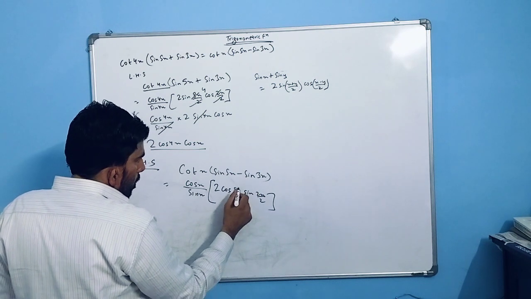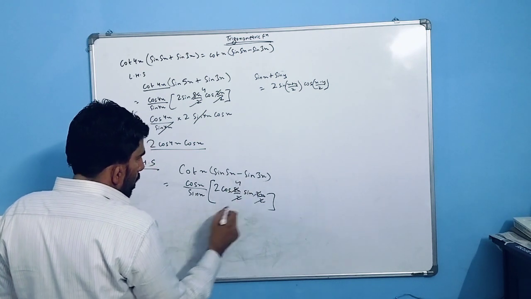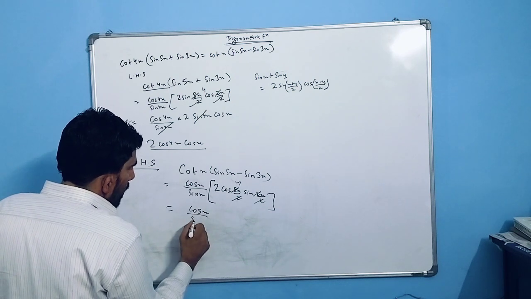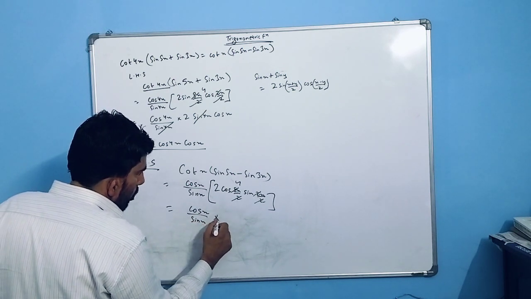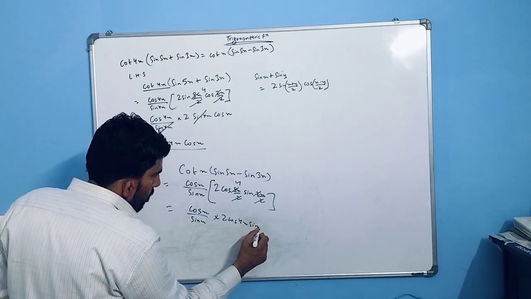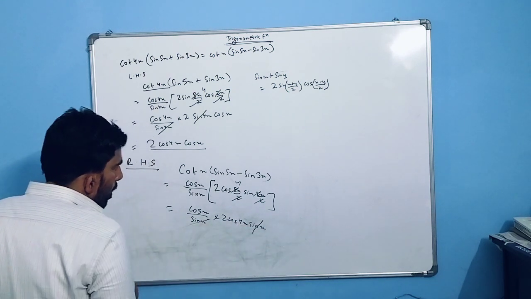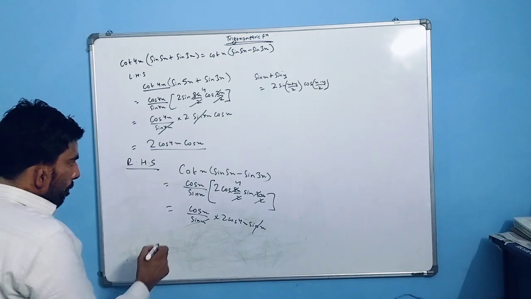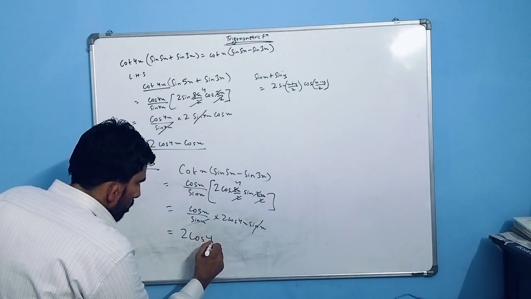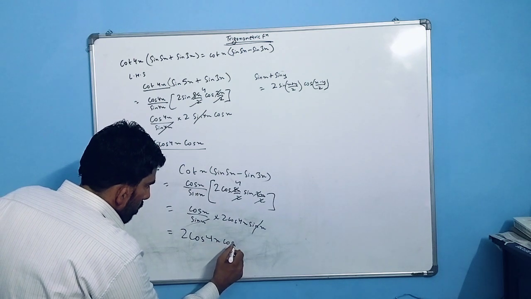So what I got here is cos x upon sin x into 2 cos 4x sin x. So finally I got my answer, that is 2 cos 4x cos x.